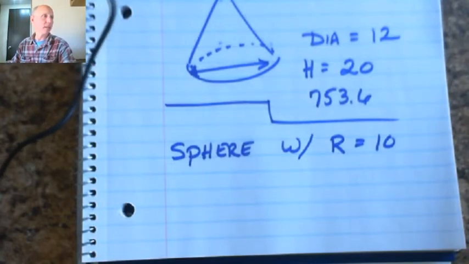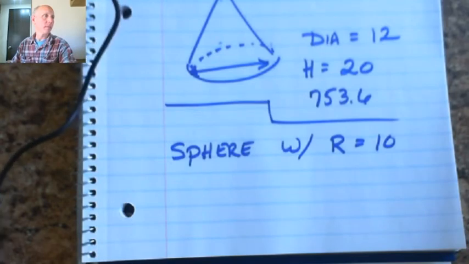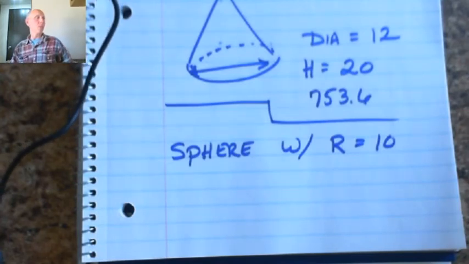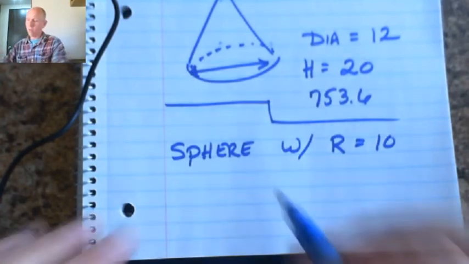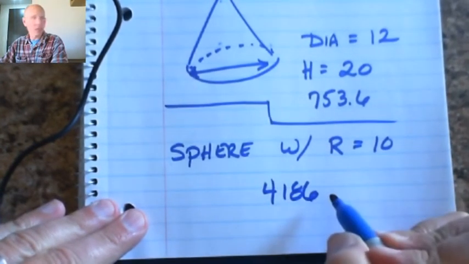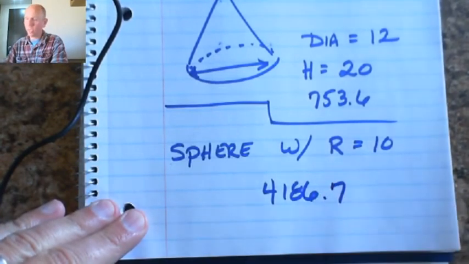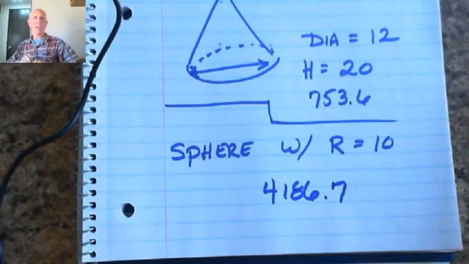Okay. Oh, okay. I have it as 4,186.66666, so that would round to 4,186.7.